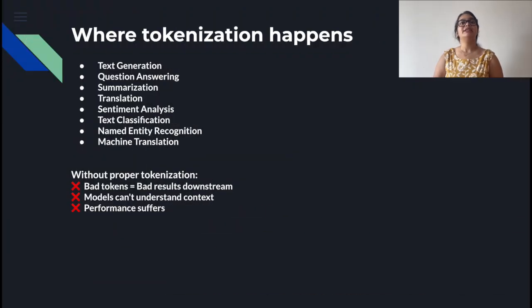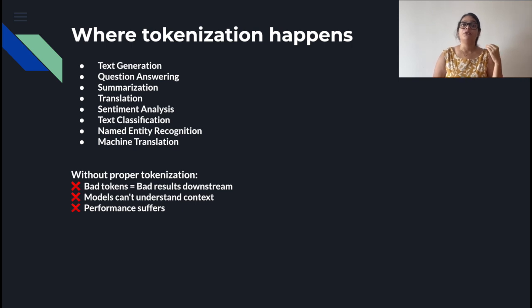When you use an LLM, tokenization is the first thing that happens. Your prompt gets tokenized, the model processes the tokens, and the output is generated token by token. But tokenization does not just matter for LLMs, it's fundamental to all NLP tasks like machine translation, sentiment analysis, text classification, named entity recognition. They all start with tokenization.